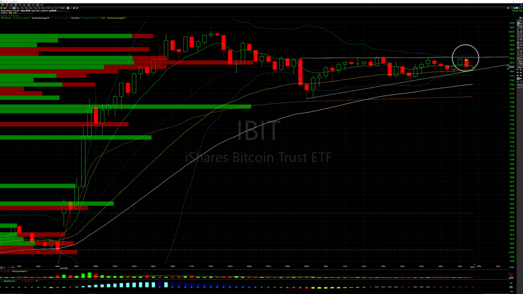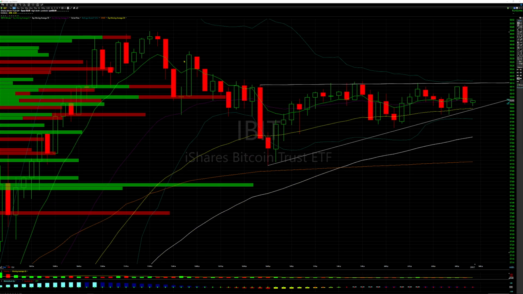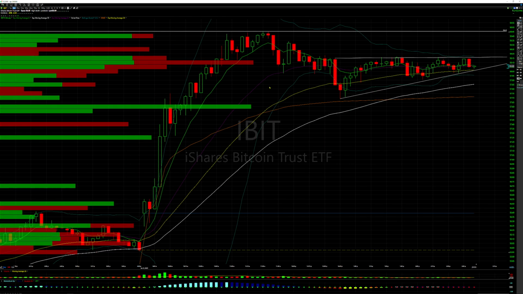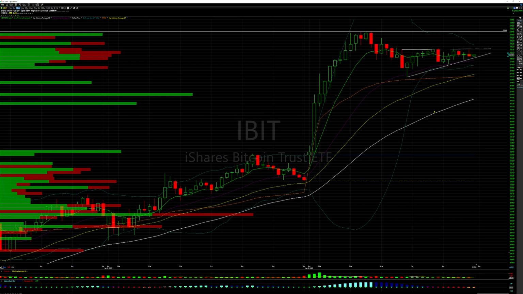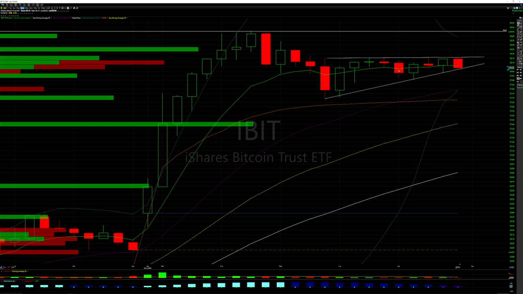If we break out, we're going to go to your next main VP level. Well, where's that going to be? It's usually your next high level, right? If we were a little bit lower, like if we were breaking out of this level, then it would be coming up to that level, and then after that, it would be there. So if this breaks, we should be pushing up towards 58.45.